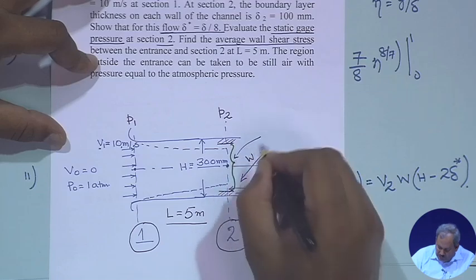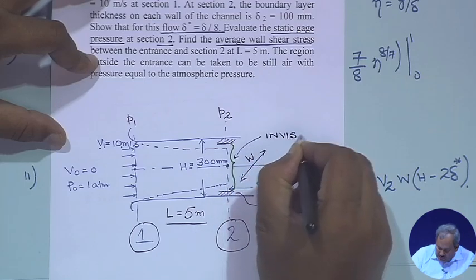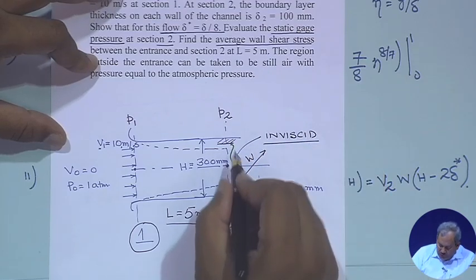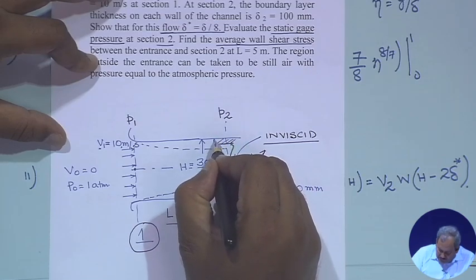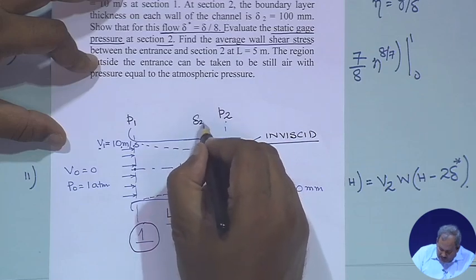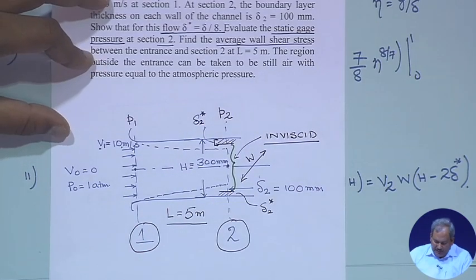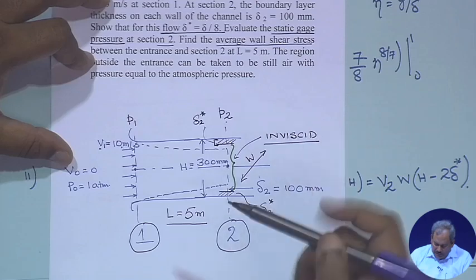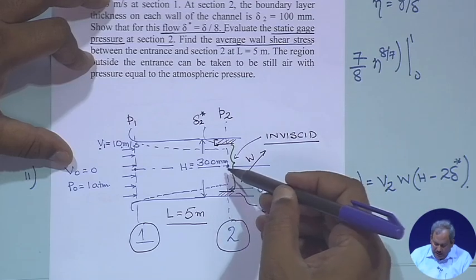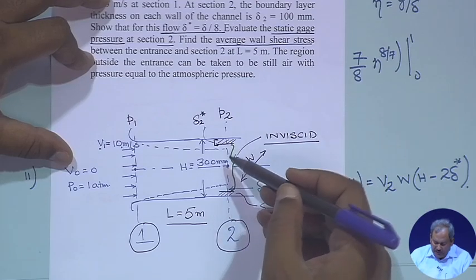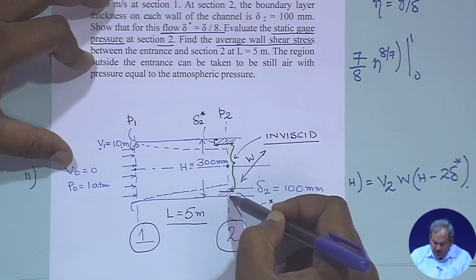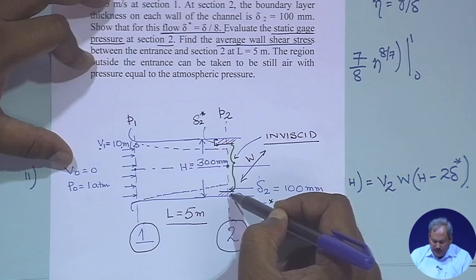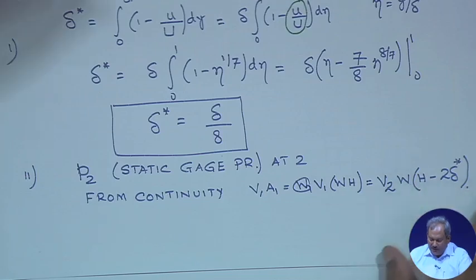This much is delta 2 star, the displacement thickness. So, by definition the solid boundary here has to be raised by delta 2 star, and whatever the velocity at this point, essentially the entire fluid will be in inviscid flow if I constrict the flow area to H minus 2 delta 2 star. That is what I have written over here.